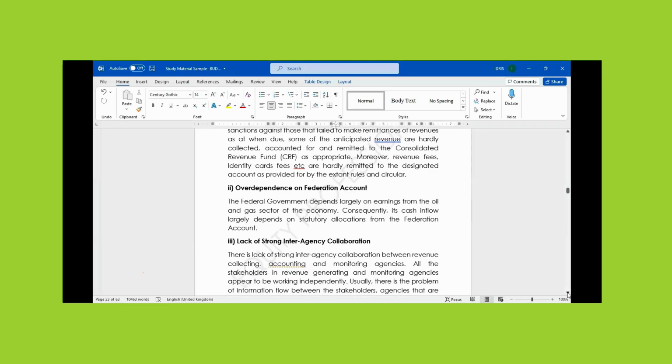Look at the federal government now, their primary focus is tax. They believe that the only way they can get most revenue, or 75% of their revenue, is from tax.